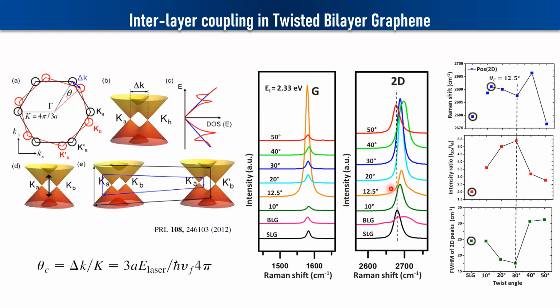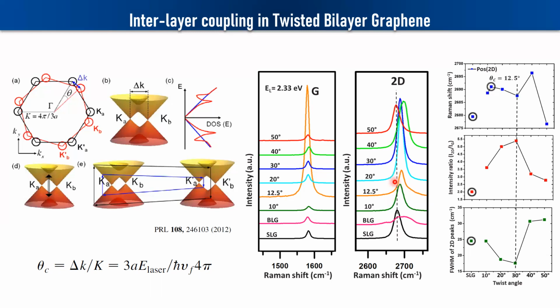Also for the 2D band, this is a result we are still trying to analyze, but we see the 2D band is slightly different from that of other angles, because there is an additional peak that can be fitted for the 12.5 degree angle. So this is interesting.